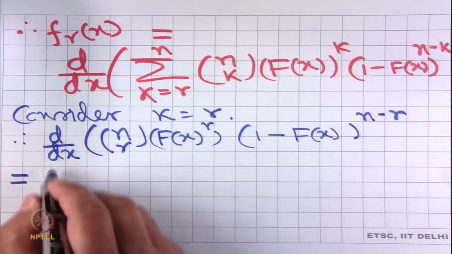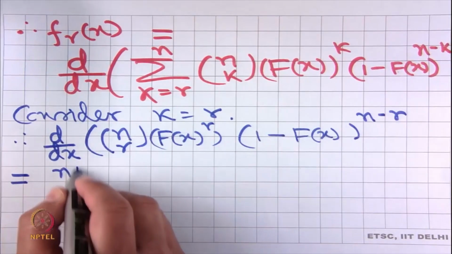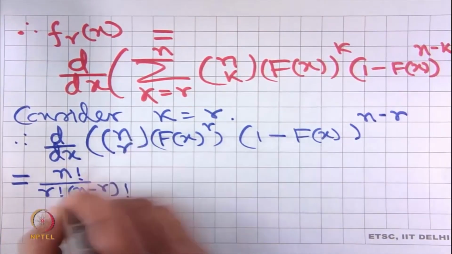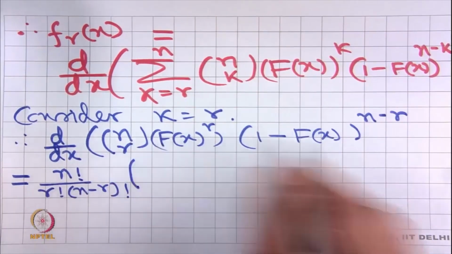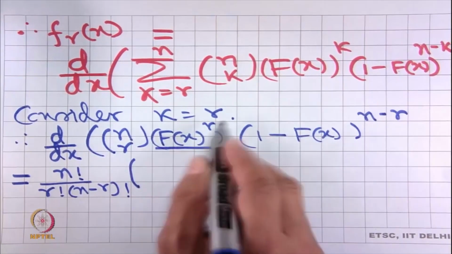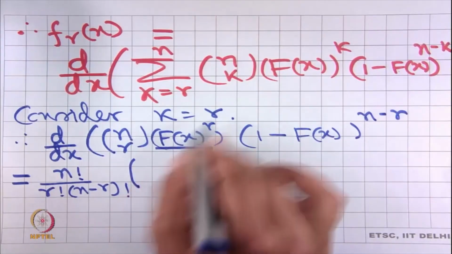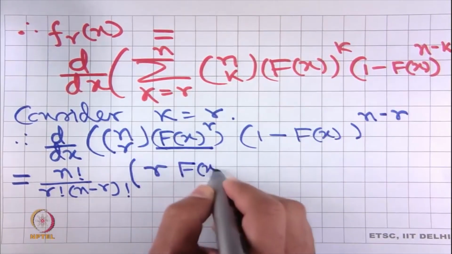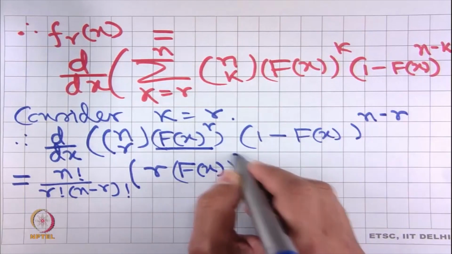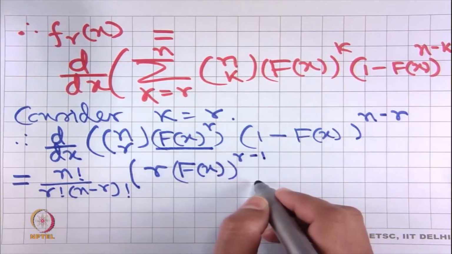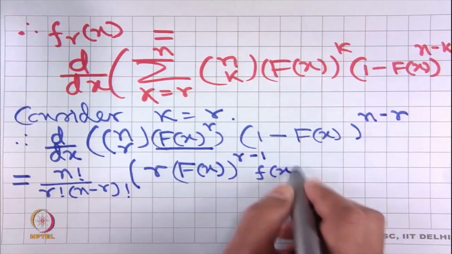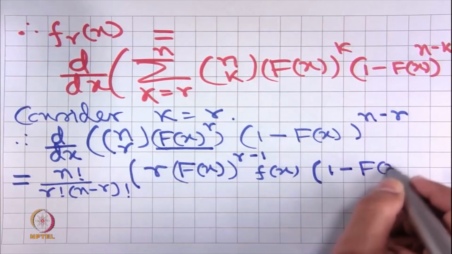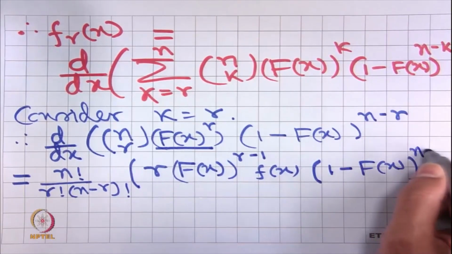Therefore, this is going to be factorial n upon factorial r into factorial n minus r, that we are getting from this, multiplied by, now I am differentiating this with respect to x, and we are getting r F(x) to the power r minus 1 multiplied by f(x), whole multiplied by (1 minus F(x)) whole to the power n minus r.